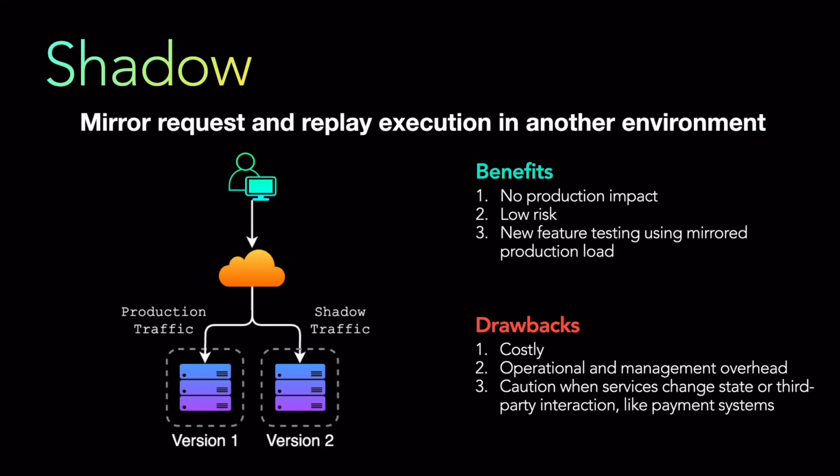First of all, definitely it is costly from a maintenance or from a service perspective, because you are maintaining that entire overhead, you are maintaining two versions at the same time. You have to have, obviously, a lot of operational and management overhead, because in version 2, whenever you are replaying that same traffic, it can be synchronous.